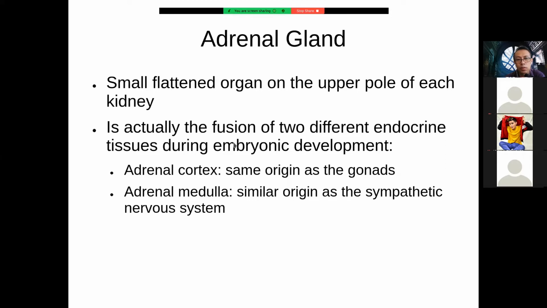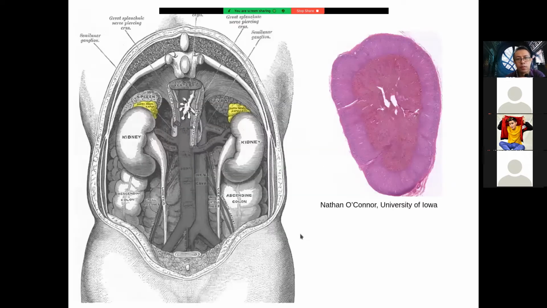So the adrenal cortex originates from a big mass of fat or cholesterol in the fetus, which gives rise to the gonads as well, whereas the neural crest cells of the nervous system form your adrenal medulla. Somewhere along fetal development, they will fuse and form the adrenal glands as we know them, right there on top of the kidneys.